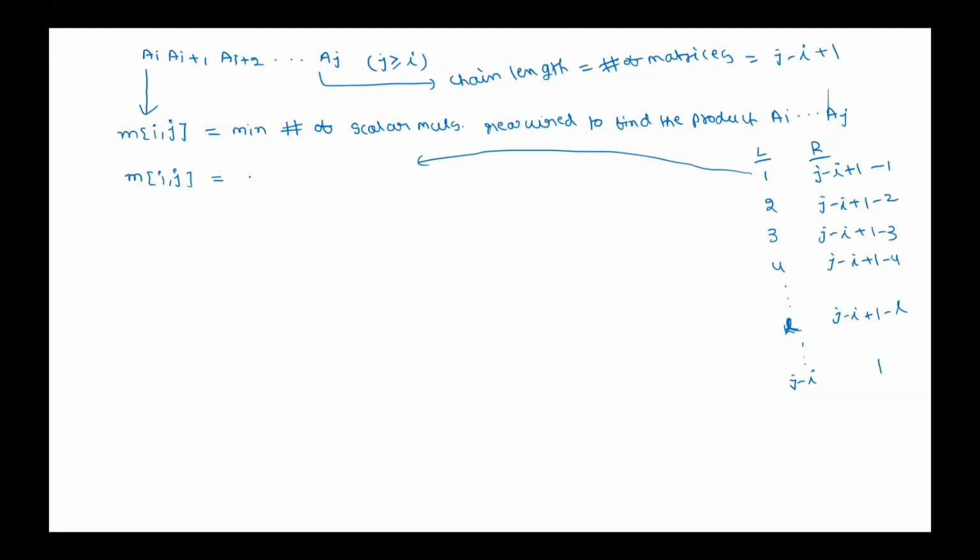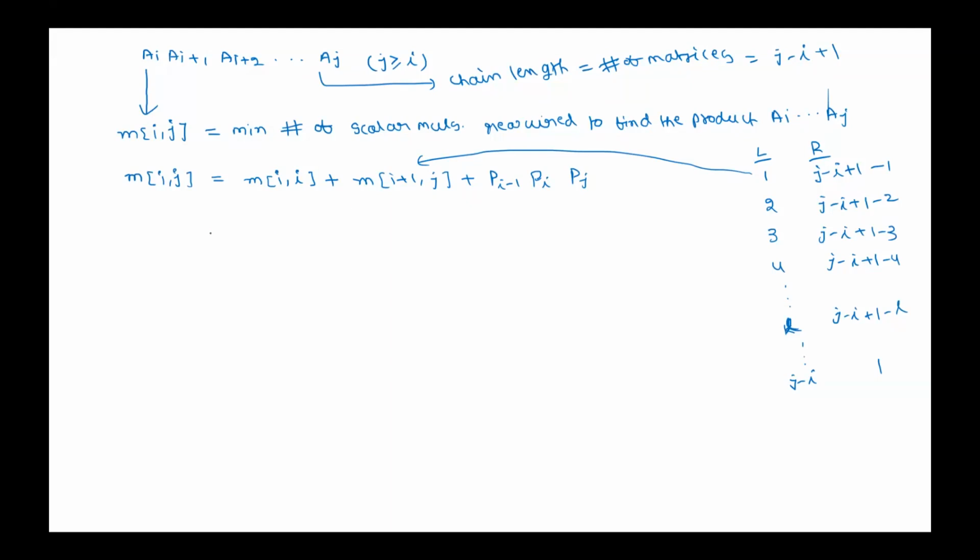Left side only one matrix: M(i,i) plus M(i+1,j) plus P(i-1) P(i) P(j).